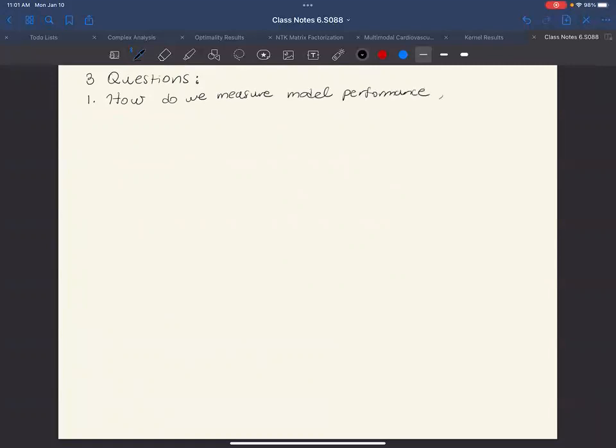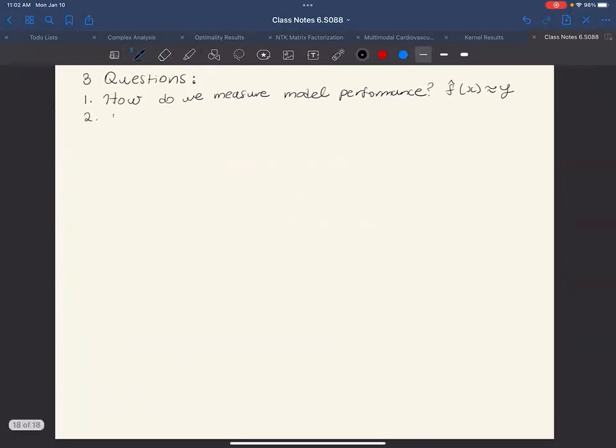In particular, what did it mean when I wrote, I want f hat of x is approximately equal to y? In the example of housing price prediction, it means if I'm given a new house and I know its features, I want to reliably predict the price of the house. I want that estimate to be very close to the true price of the house. And how do we actually quantify that? That's an important first question.